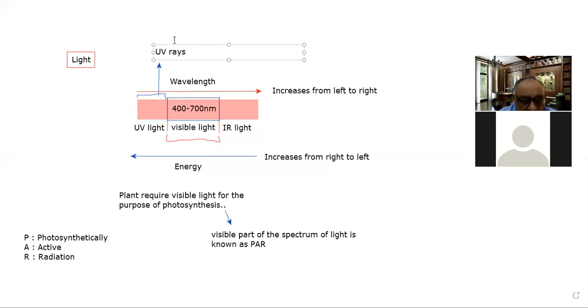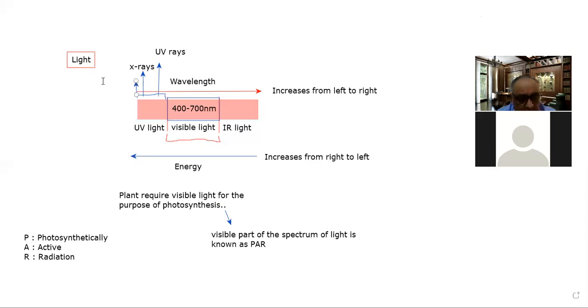The second part of this is the X-rays. And the third part of this is the gamma rays.